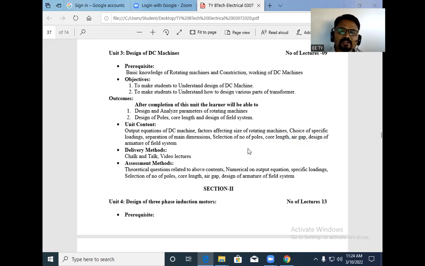And the last point, design of armature field system.